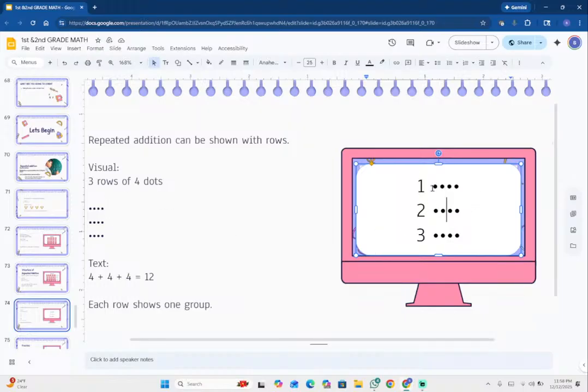So there's three rows, 4 in each. So 3 times 4. So 4 plus 4 plus 4. If we count everything up, 4 plus 4 is 8, 8 plus 4 is 12. So the answer is 12 dots.